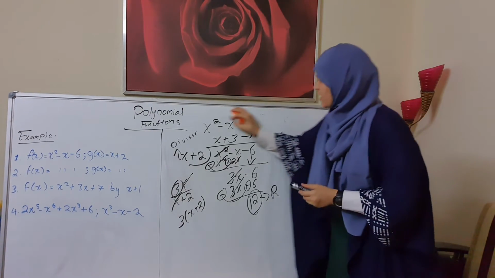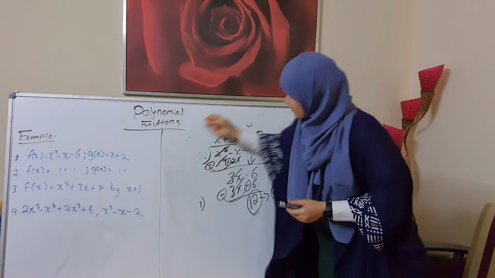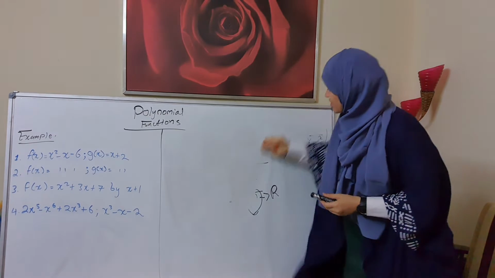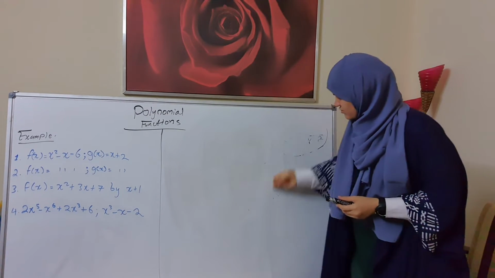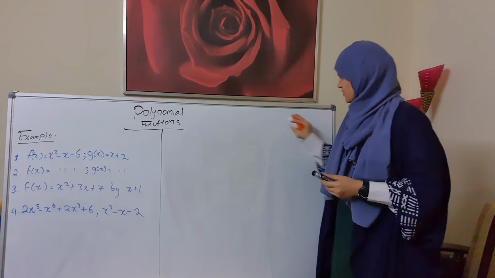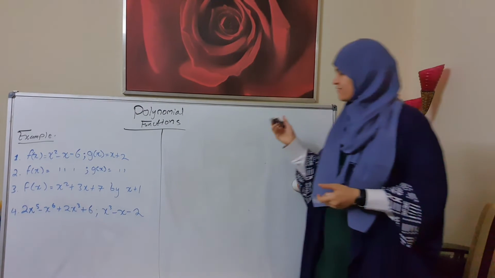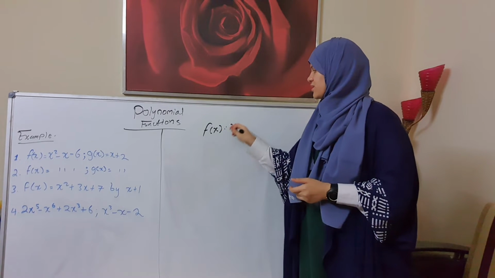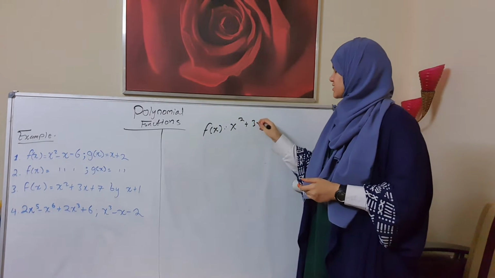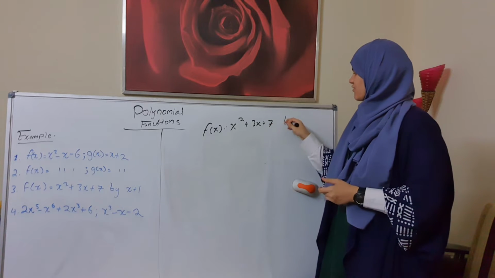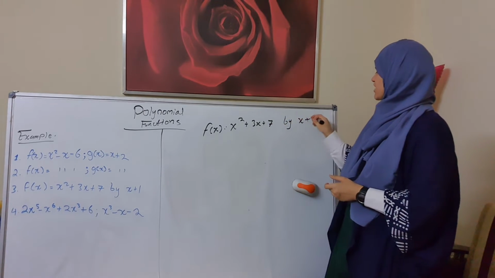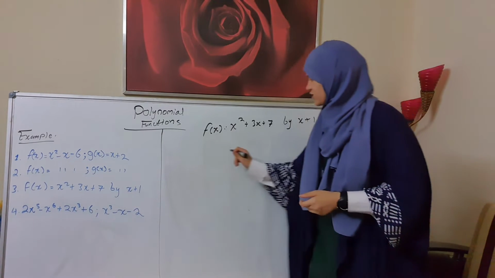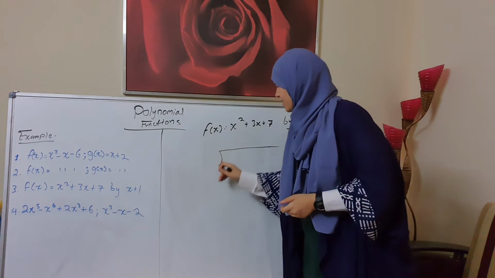Okay, now what we will do here, f of x is x squared plus 3x plus 7 divided by what? X plus 1, right? Okay, now the same thing, draw the division way.